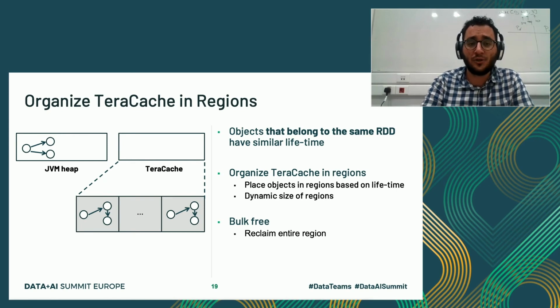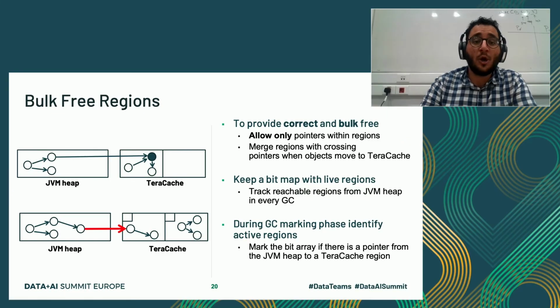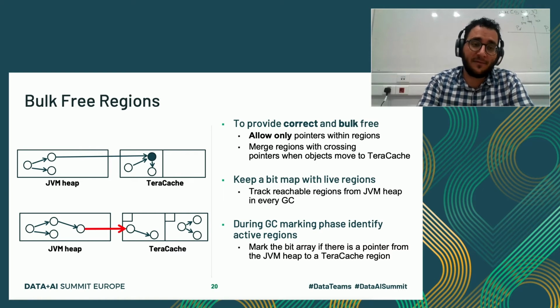In order to achieve the reclaim of entire regions instead of individual objects, we have to provide correct and bulk free. For this reason, we allow only pointers between objects within regions, but not pointers across two regions. As we show in the top figure, we have the JVM heap and the TeraCache.